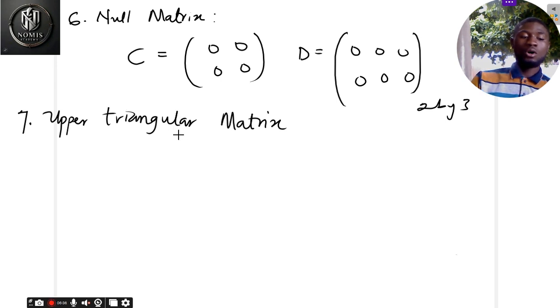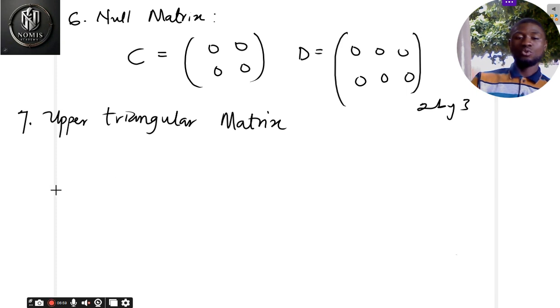So what do we call an upper triangular matrix? An upper triangular matrix is a square matrix in which all the elements below the principal diagonal are zero. We call it an upper triangular matrix.